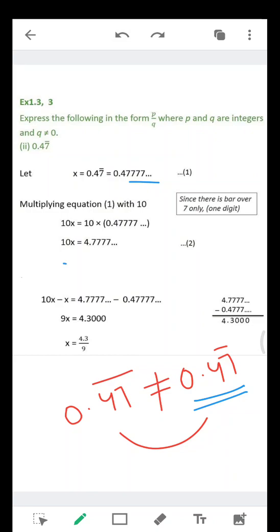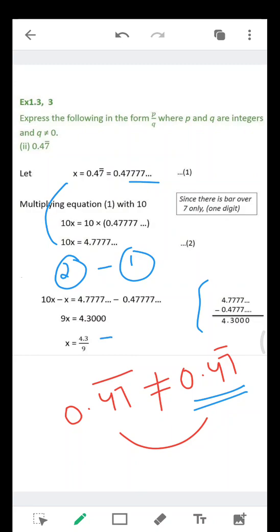Then again I'll do equation 2 minus equation 1. So I'll get 10x minus x if you subtract left hand sides, and if you subtract right hand sides, 4.777 and so on minus 0.4777 and so on. When you subtract it, in the rough column we get 4.3. So 9x is equal to 4.3, x is 4.3 by 9.